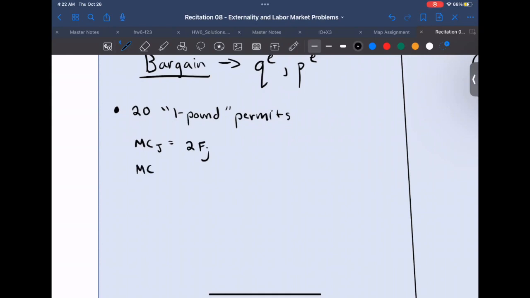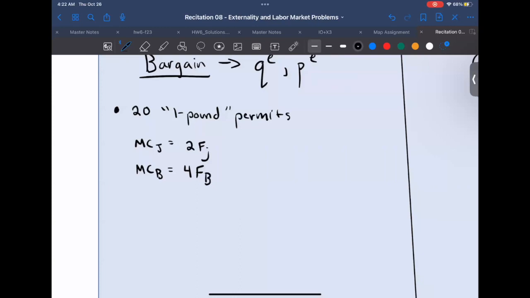Meanwhile, the marginal cost of Ben is going to be 4FB. So, as we can see, just simple algebra, 4 is bigger than 2, so Jerry has lower costs. Because he has lower costs, the right to catch an 11th pound of fish is going to be more valuable to Jerry than the right to catch a 10th pound of fish to Ben.